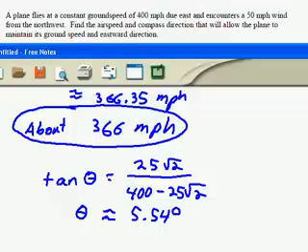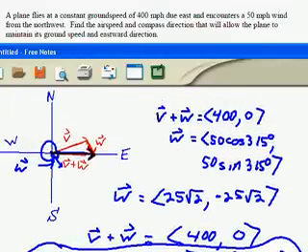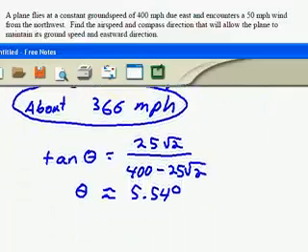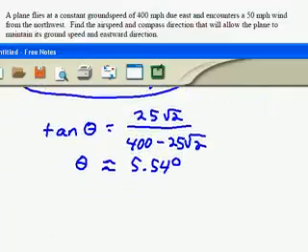Or if you want to write that as a bearing, you measure bearing first based on either the north or south direction, and then how far either west or in this case east the plane is. So essentially, if you just subtract 5.54 from 90 degrees, you'll get that the plane is north 84.46 degrees east.